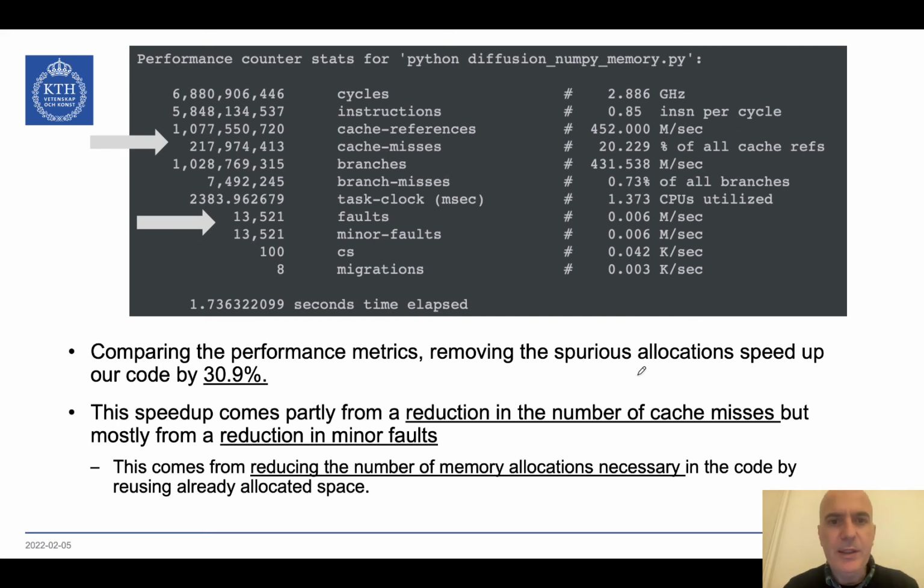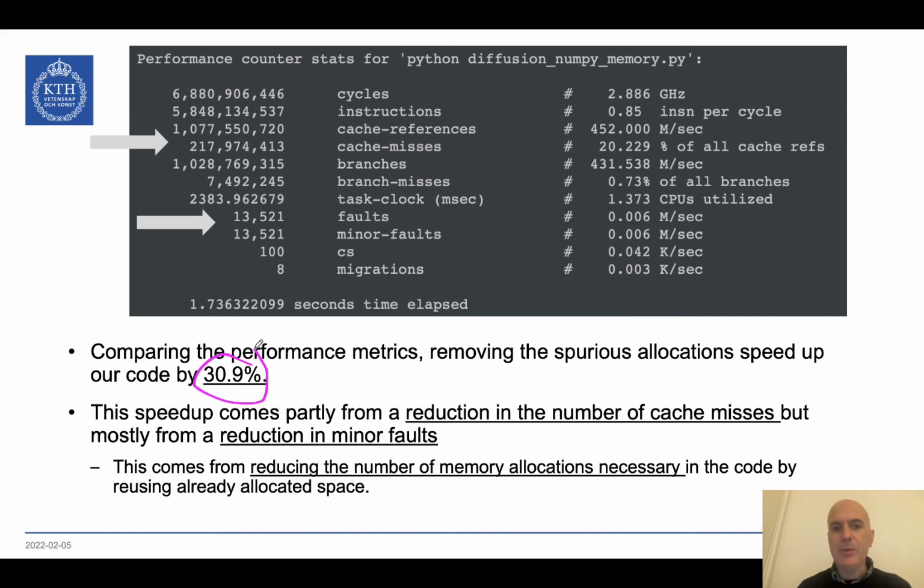Let's look at the perf results when we are using the in-place operation in our diffusion code. So comparing the performance metrics, removing all the spurious allocations coming from the fact of using out-of-place operations allows us to get quite a large performance improvement, right? 30%.